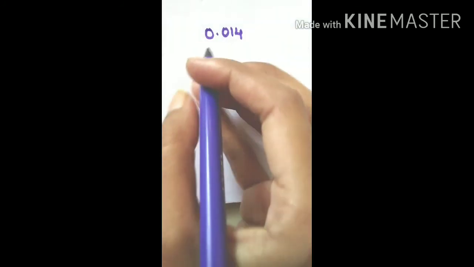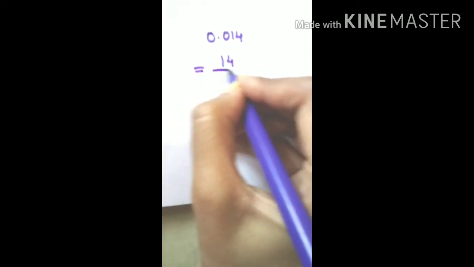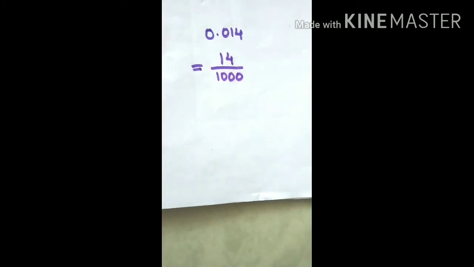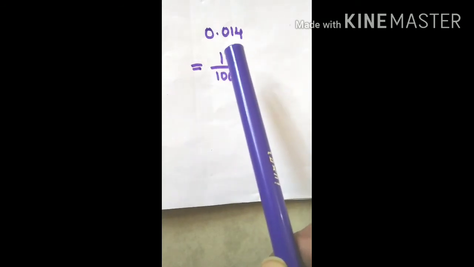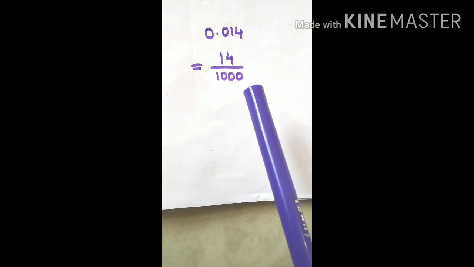So, in fraction form, it can be written as 14 by 1000. Students, 14 by 1000 is also equal to 0.014. So, 0.014 can be written as 14 by 1000.